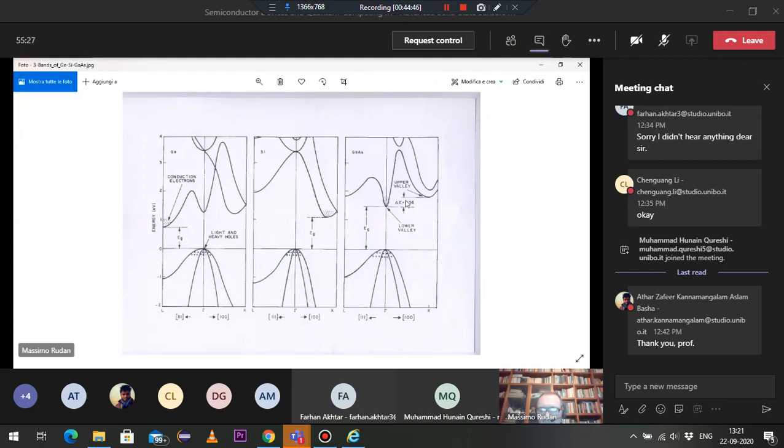So the difference in energy, written here, is 0.36 electron volts. So it is a small energy. Okay.